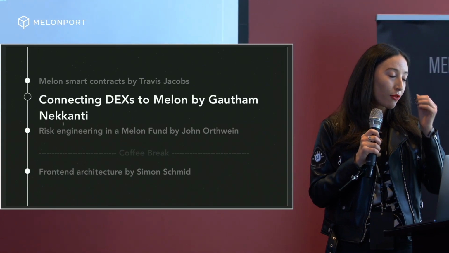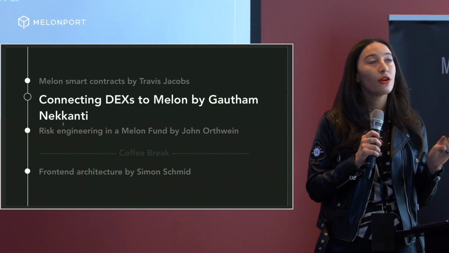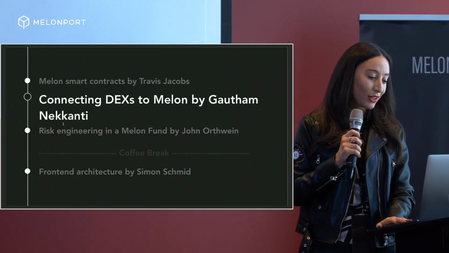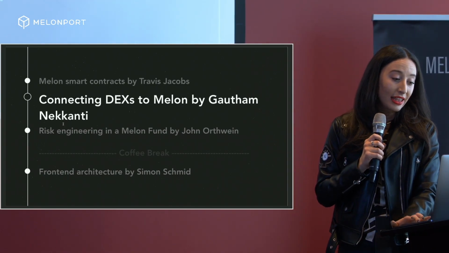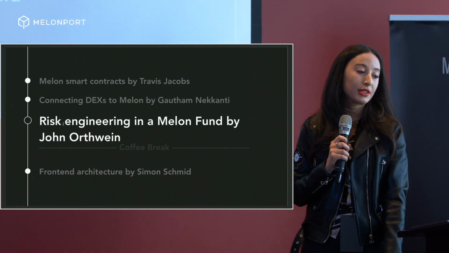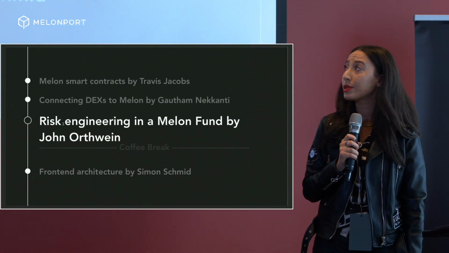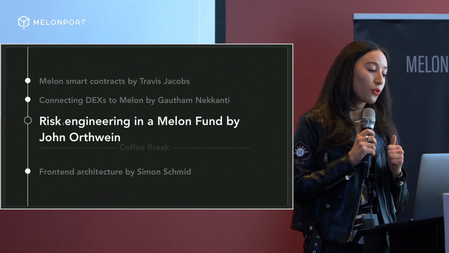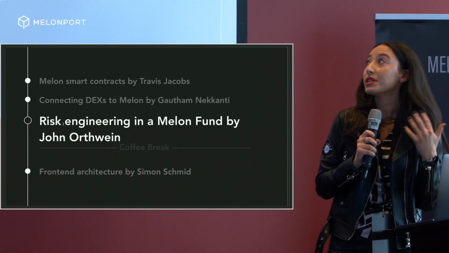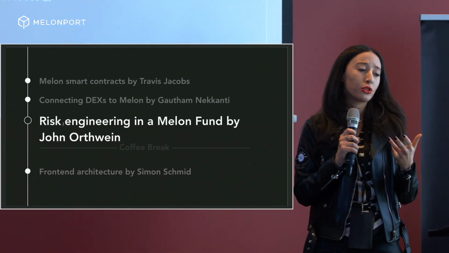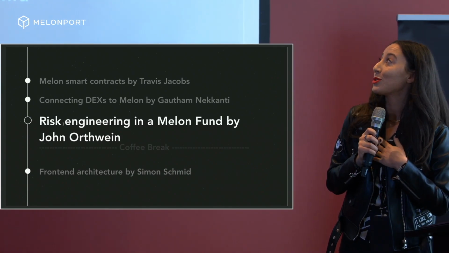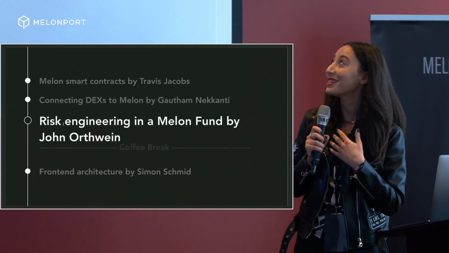As you know, we have integrated 4 decentralized exchanges, but I'll let Gotham give you the lowdown on that. Then we're going to have a very interesting presentation, especially for the people with a financial background here, on risk engineering by John, who has been working on the whole risk engineering aspect of the Melon protocol, which is absolutely innovative and fascinating, I think. So this is going to be great.